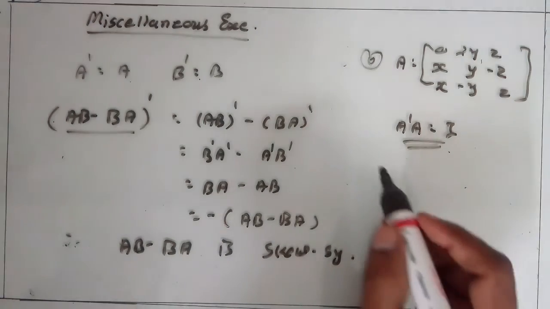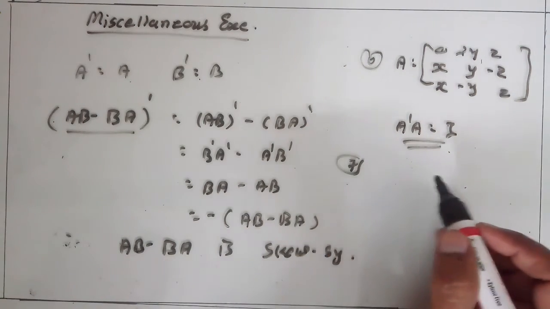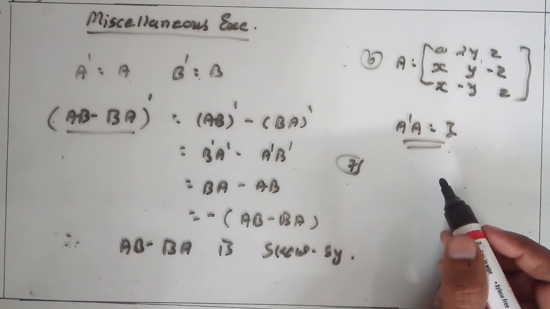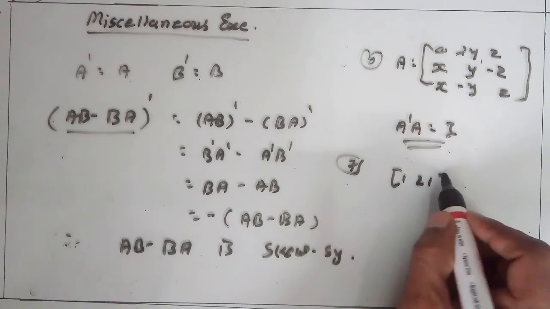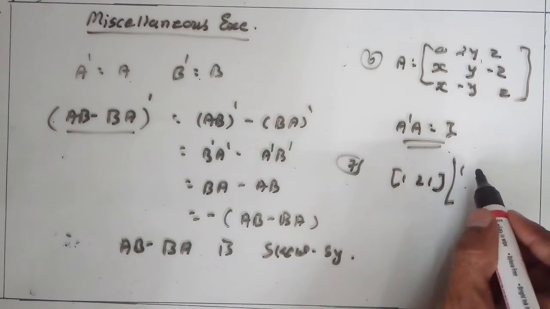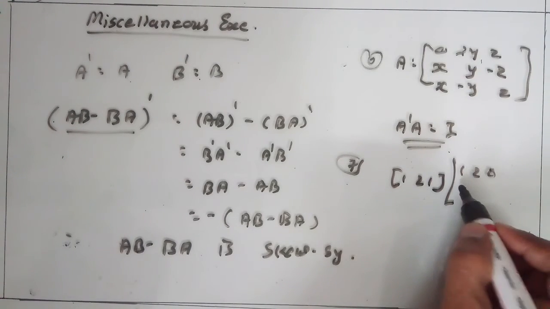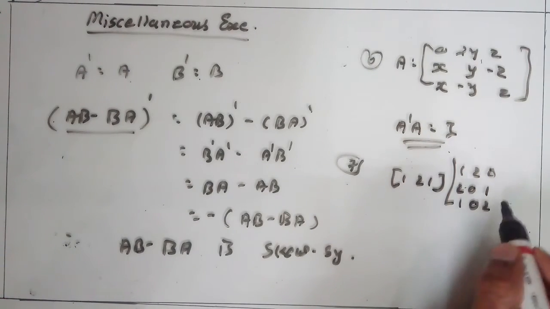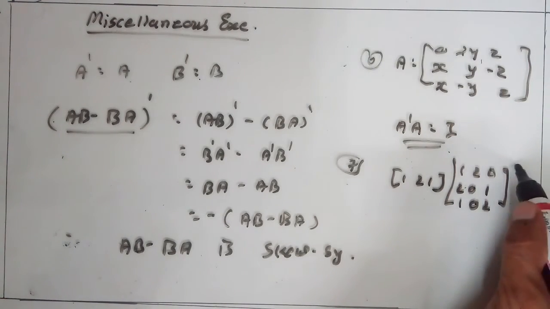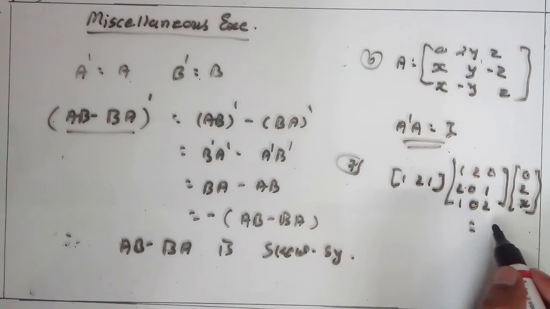Now question number 7. Same, given matrix multiplication: the matrix 1 2 1 into the matrix 1 2 0, 2 1 0 and 1 0 2, into the matrix 0 2 x, is equal to the given 0.